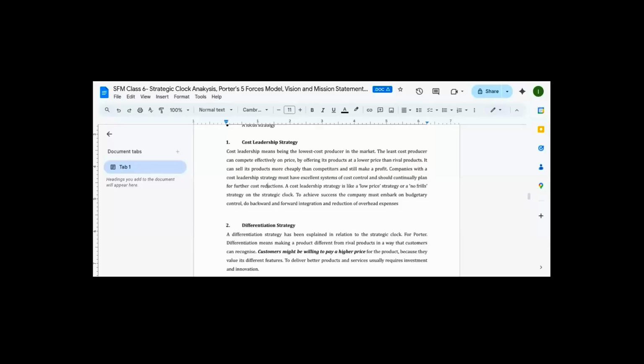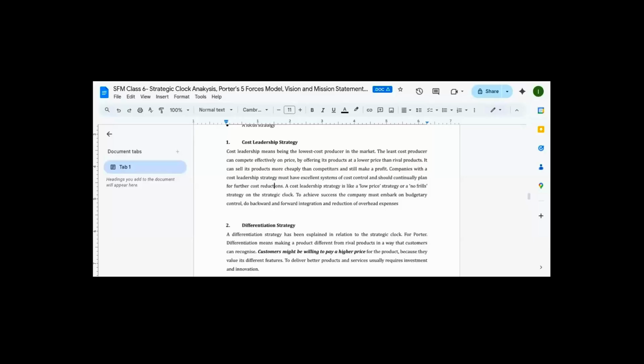Because if you are experiencing increasing costs, there's no way you can sell your product at a lower price and achieve your objective. He said for you to achieve the sale of a product at a lower price, you must have an excellent system of cost control and you should continuously plan for further cost reduction.